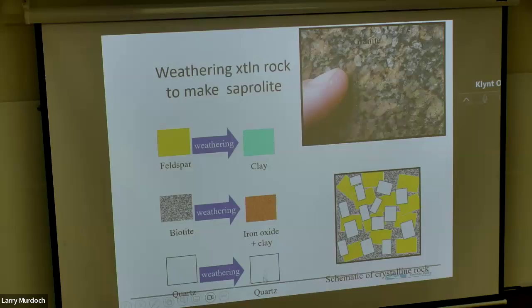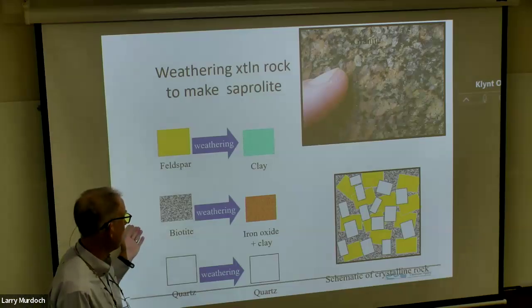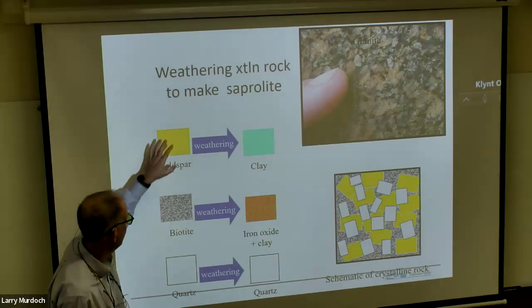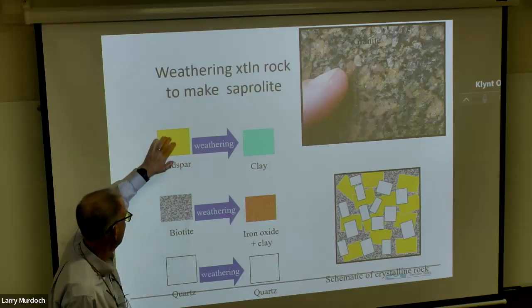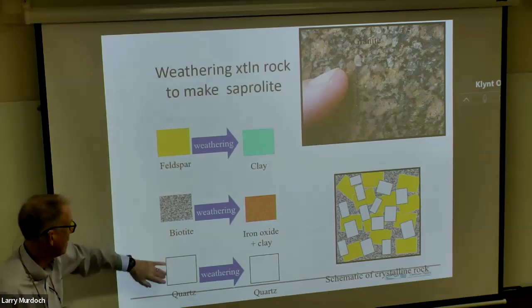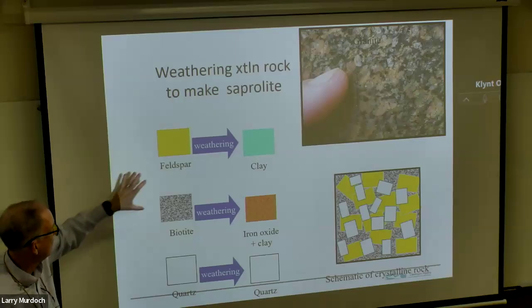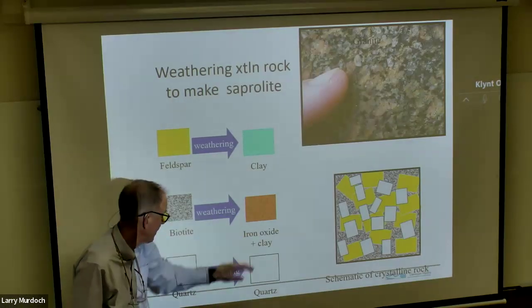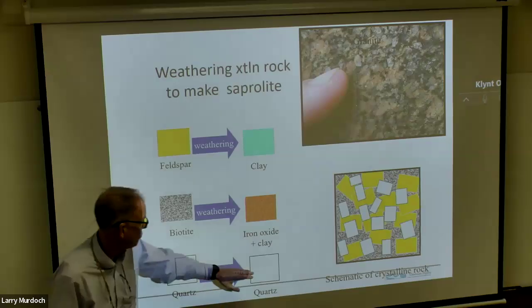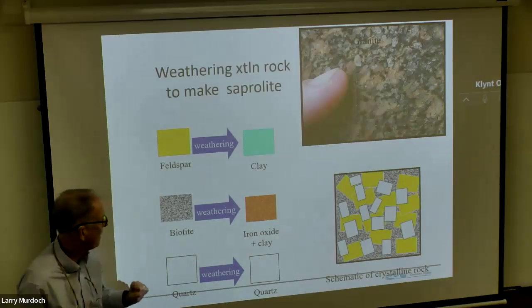And this is where we left off, the process of the formation of saprolite, where we have weathering of the main minerals, feldspar, biotite, and quartz. And these two weather to clays, and this one is pretty resistant to weathering.